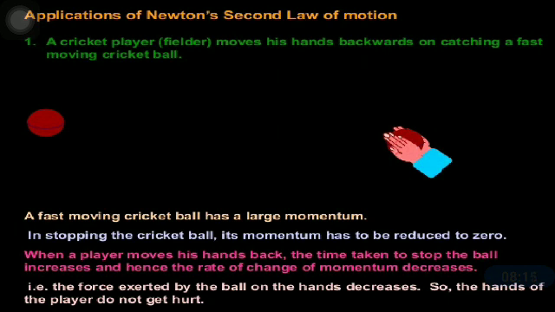Means it needs to be brought down to the state of rest. Now, when a player moves his hands back, the time taken to stop the ball increases and hence the rate of change of momentum decreases. That is, the force exerted by the ball on the hands decreases, so the hands of the player do not get hurt.